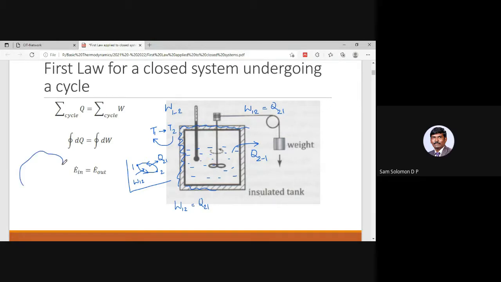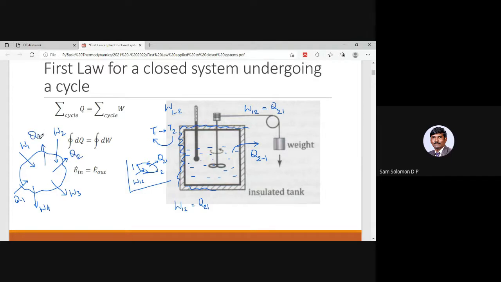Maybe if you have a system wherein there is some work input W1, another work input W2, some other work output W3, and another work output W4. Say there is one heat input Q1, and there are two heat rejections Q2 and Q3.